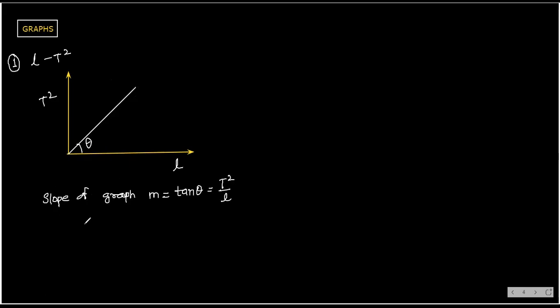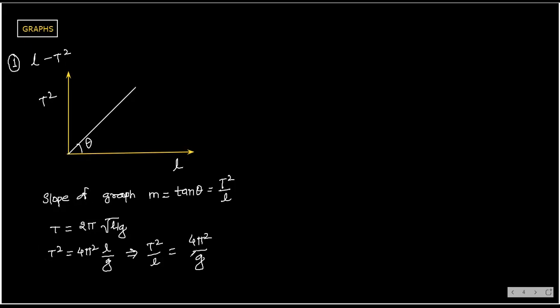And as we know, T is equal to 2 pi under root L by G. If I square, I get T square is equal to 4 pi square L by G. So this L I am transferring here, so T square by L is equal to 4 pi square by G.